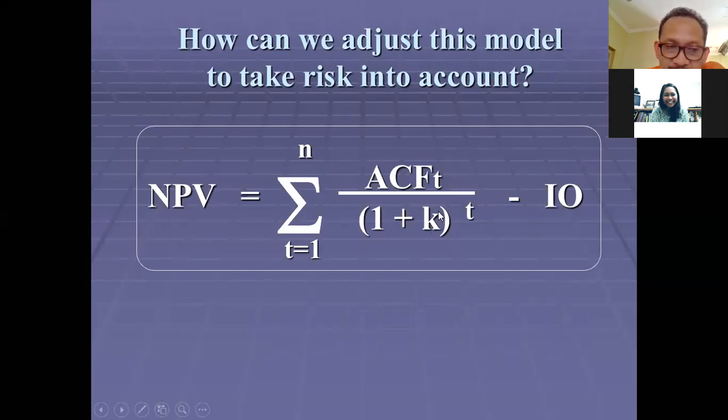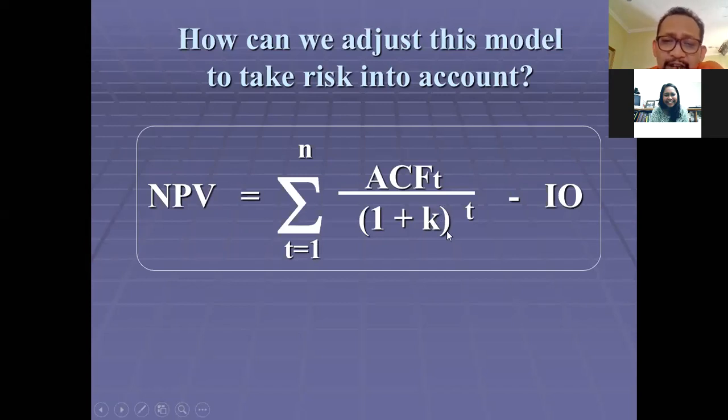If your risk is higher, then you can expect this expected return to be higher as well. If the risk is higher, you can put this as probably 15% expected return. But if the risk is low, you can change this 15% to become 10% or 9% or 8%.